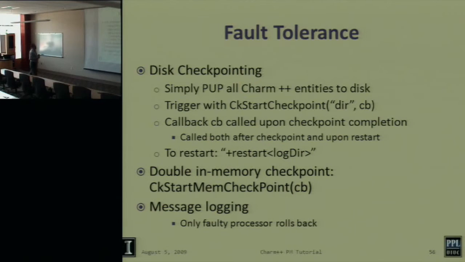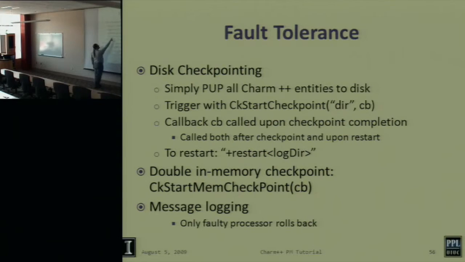All right. So the key here is that once we've defined a way for your objects to be migrated using PUP, we now know exactly how to serialize them. And so we can serialize them to persistent storage. A simple way here is that we can just checkpoint them all to disk, and you can trigger that using this call, CkStartCheckpoint, with the callback.